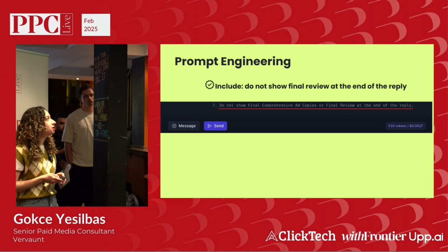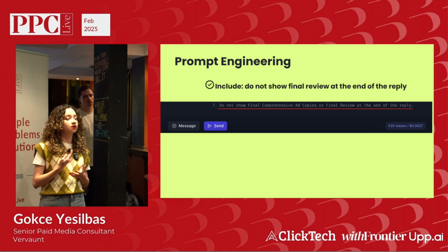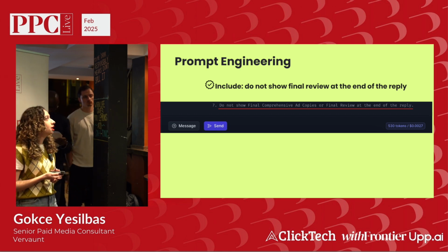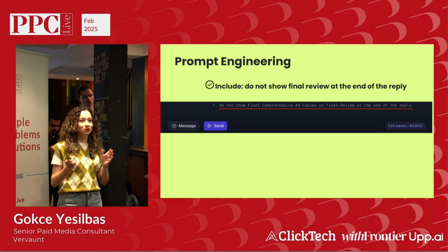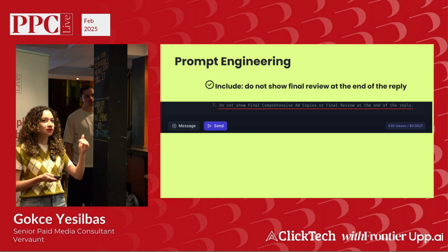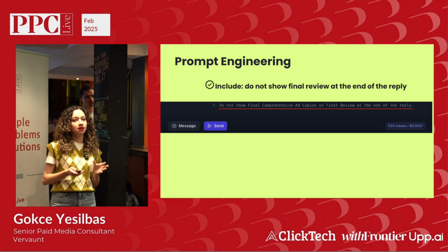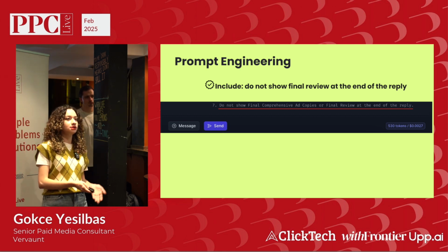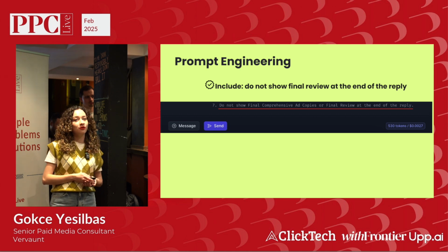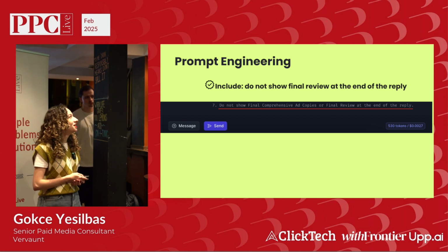And lastly, I include "do not show final review at the end of the reply" as a last step, because I don't want to see any reasoning explanations in my output. I just want to see my headlines and descriptions, and I don't want to use my tokens.